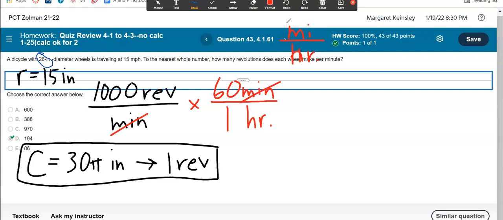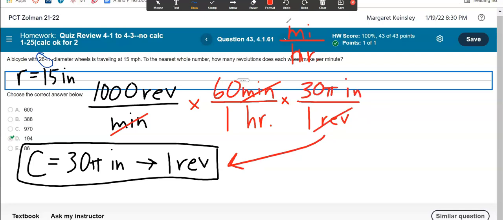Now we want to get rid of revolutions. So 1 revolution is how many inches? 30 pi inches. So now the revolution units cancel.